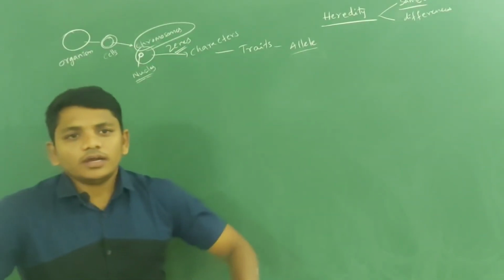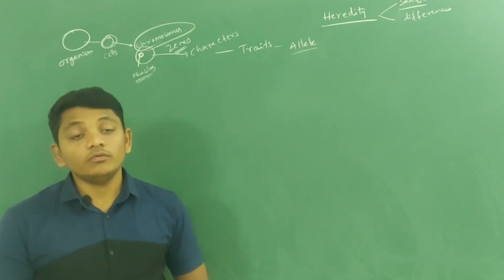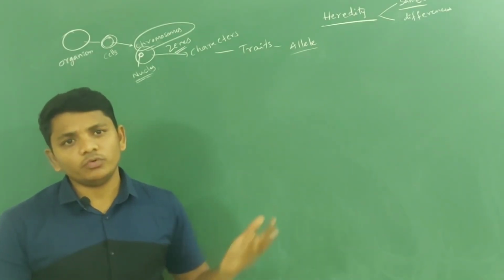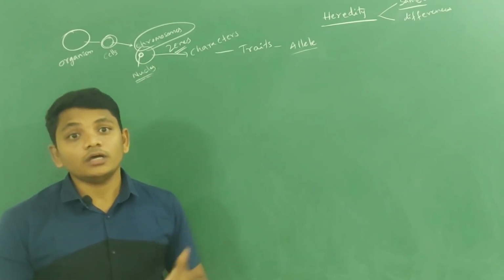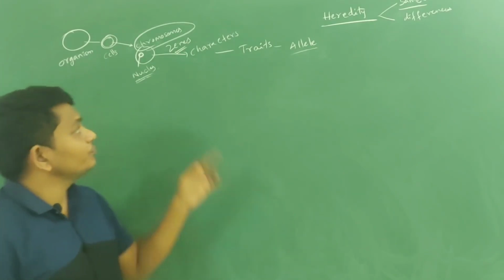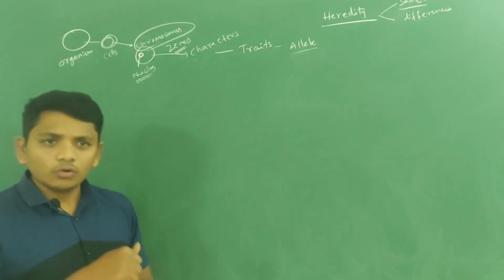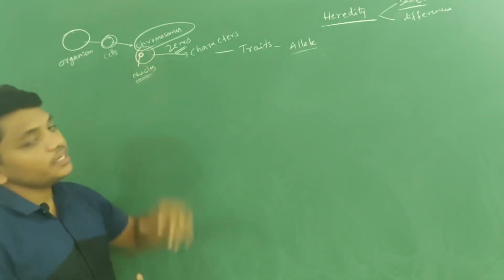We are regularly using mobile phones. In a mobile phone, we can store 150, 200, 300 movies. In this manner, our characters are also coded in these genes and chromosomes.